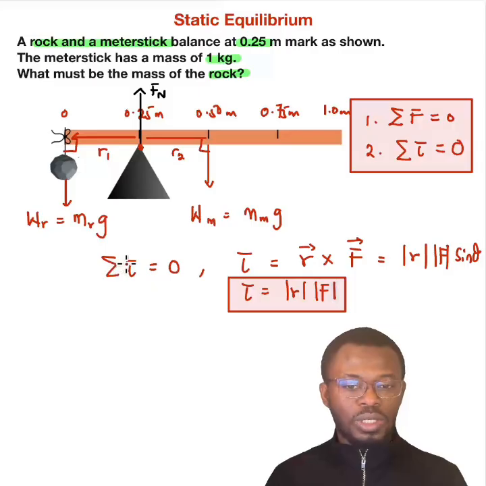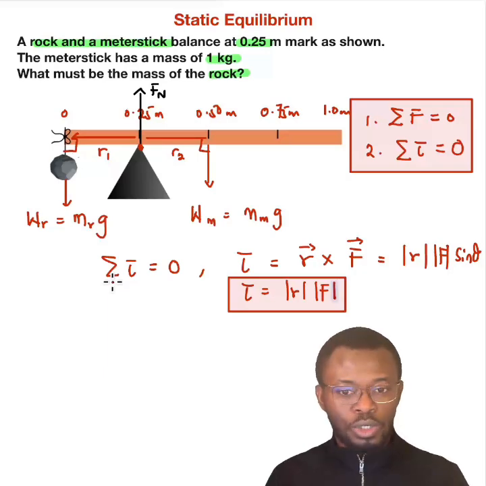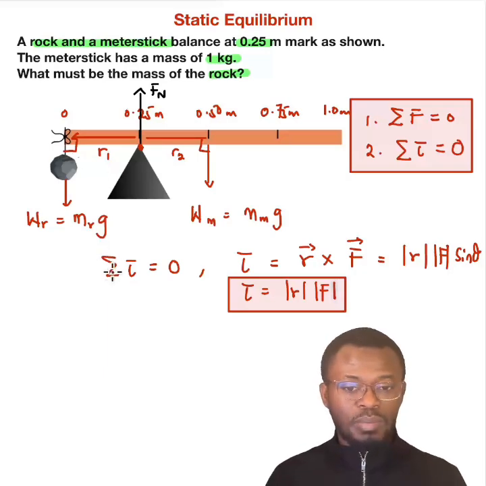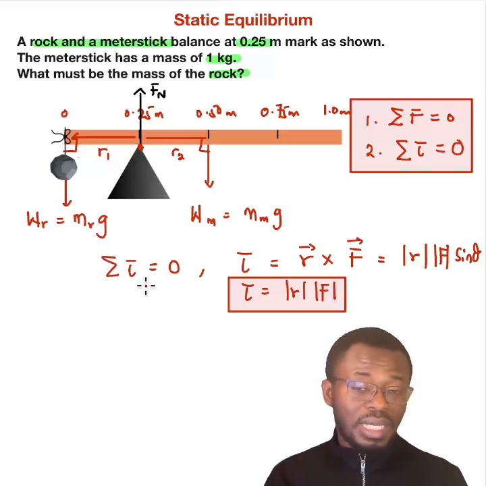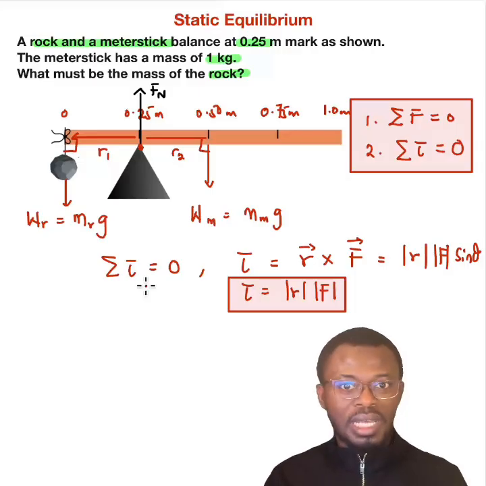And the second condition says that the sum of the clockwise and the counterclockwise torques has to be equal to 0. That is what this expression means. That means that the meter stick has to be in rotational equilibrium. We can define the torque due to the rock as tau R, and that is equal to R1 times WR.